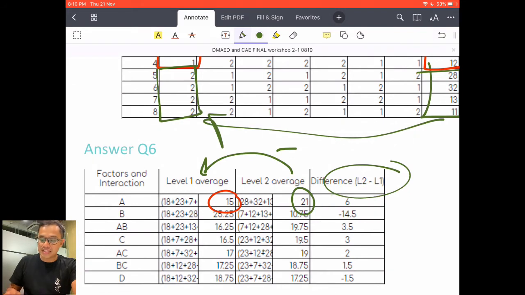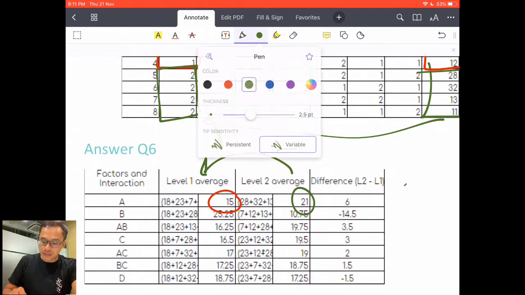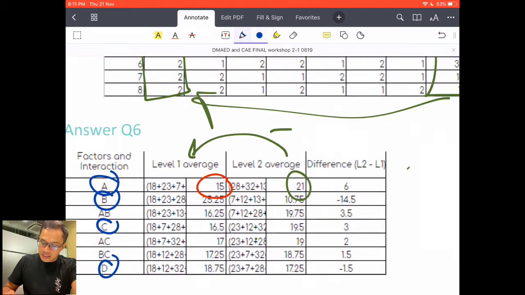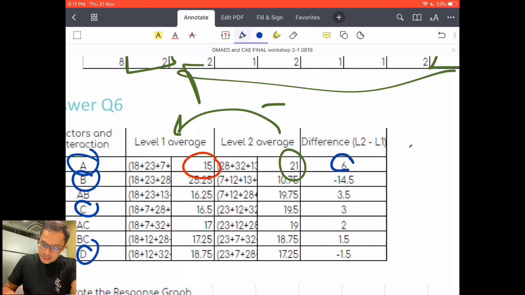Right, so let's discuss this result. Let me erase this one and use another color, maybe blue. Look at these factors A, B, C, and D: 6, negative 14.5, 3 and negative 5.